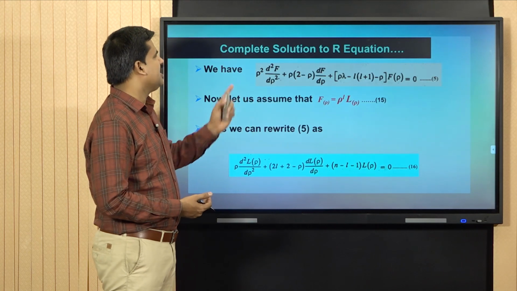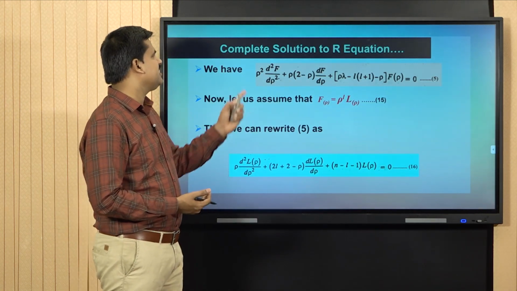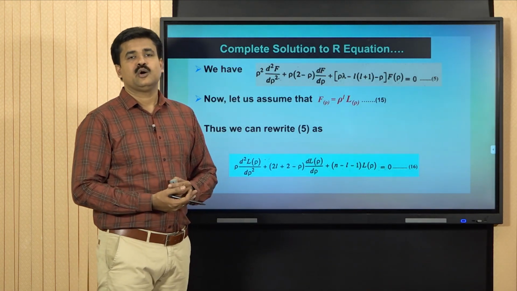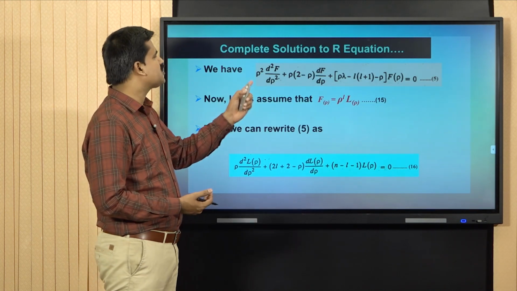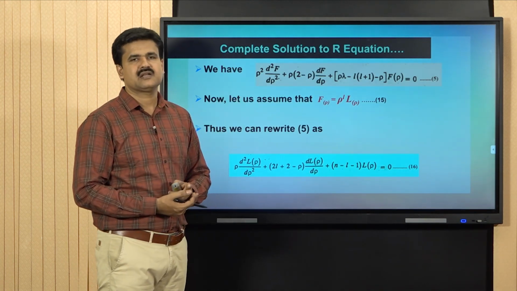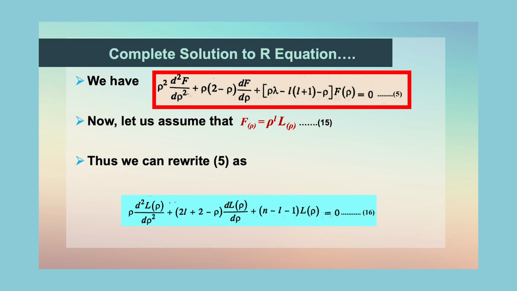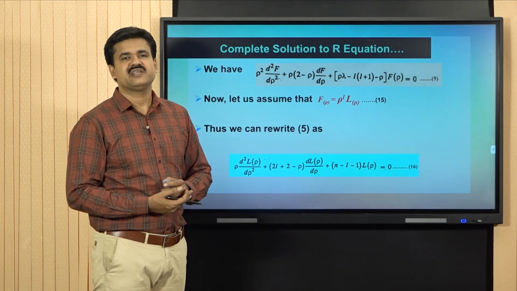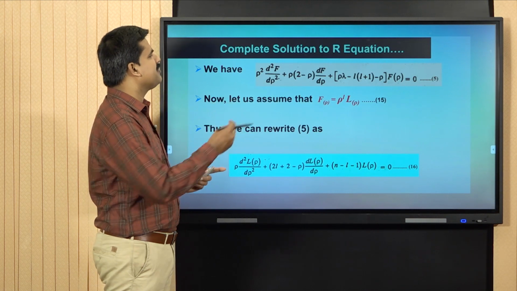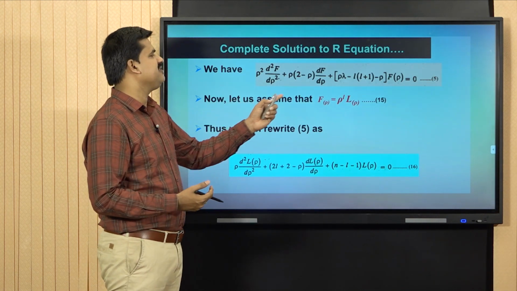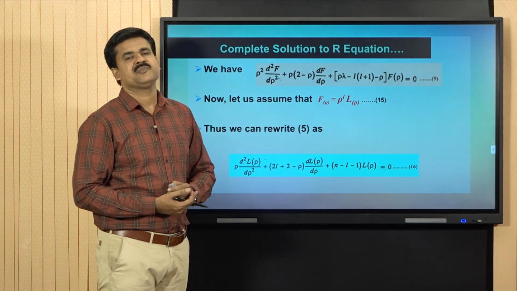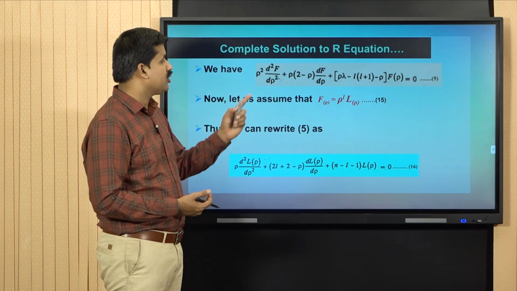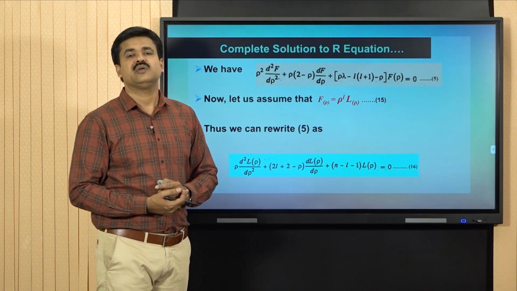Now, we have the R equation in this form: rho square into d square f divided by d rho square plus rho into 2 minus rho into df by d rho plus rho lambda minus L into L plus 1 minus rho into f rho is equal to 0. Now we are making an assumption: f rho is equal to rho raised to L into L rho.